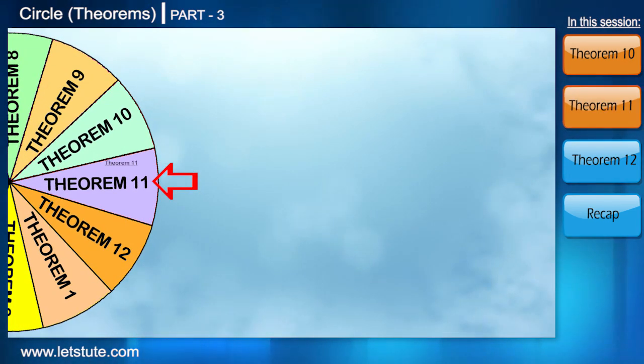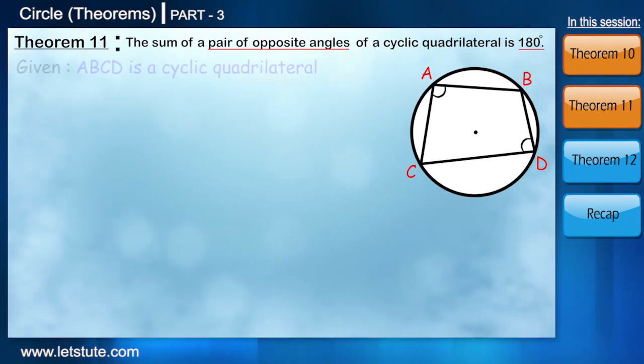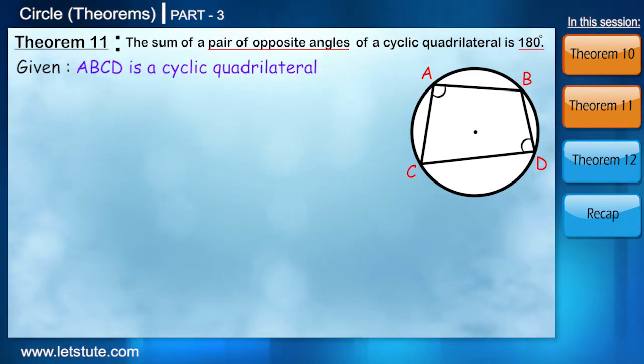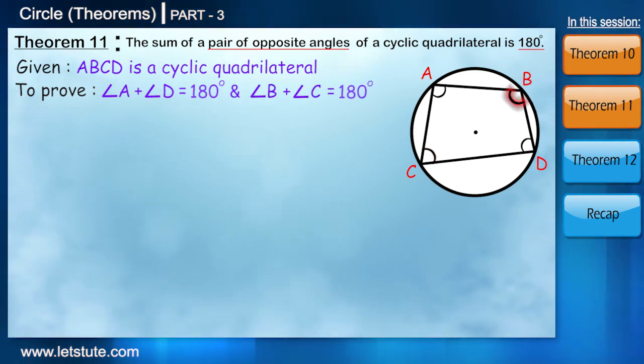Theorem number 11. The sum of the pair of opposite angles of a cyclic quadrilateral is 180 degrees. So, we are given that ABCD is a cyclic quadrilateral. We have to prove that angle A plus angle D is equal to 180 degrees and angle B plus angle C is equal to 180 degrees.